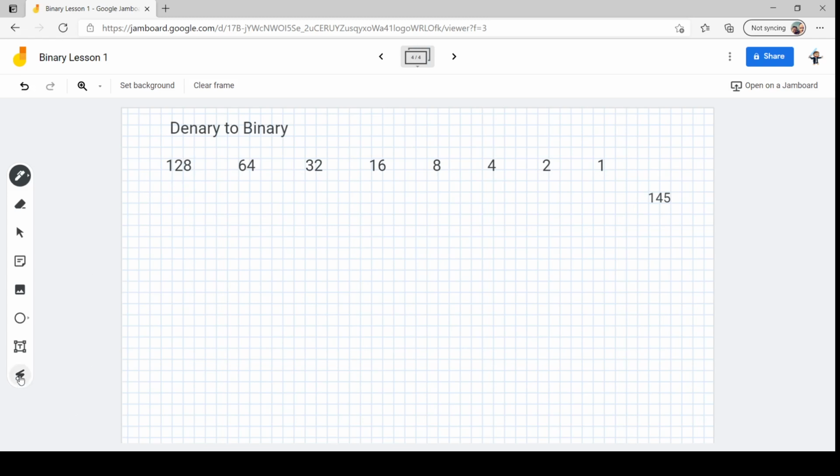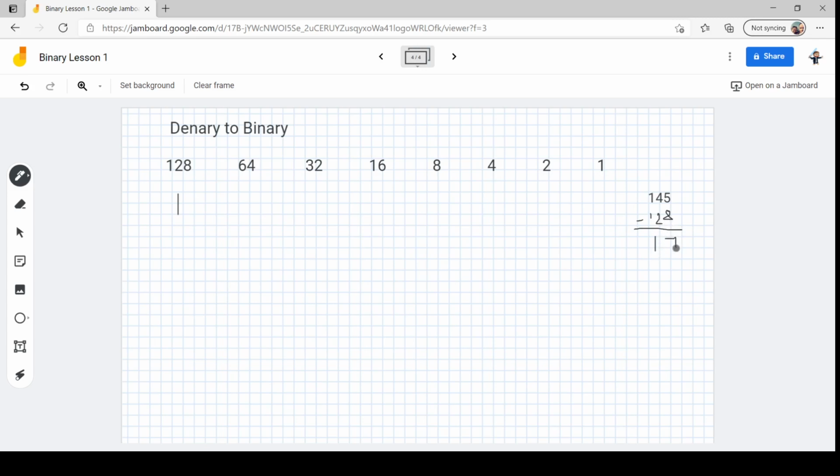So right now we're looking at 145 and asking, is 128 smaller than 145? It is, and because it is, we put a 1 underneath it. Once you've done that, you take away 128 from 145, and that leaves us with 17.